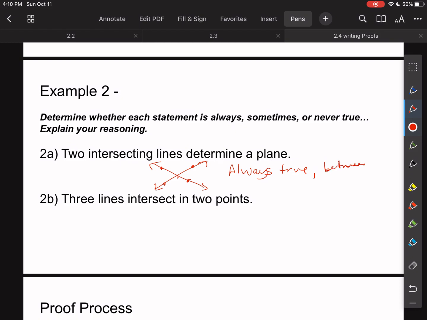Between, let's just say between any two intersecting lines, there are always at least 3 non-collinear points.